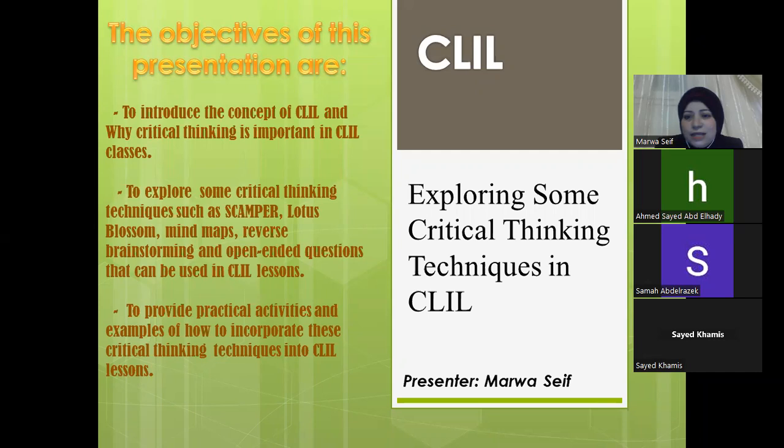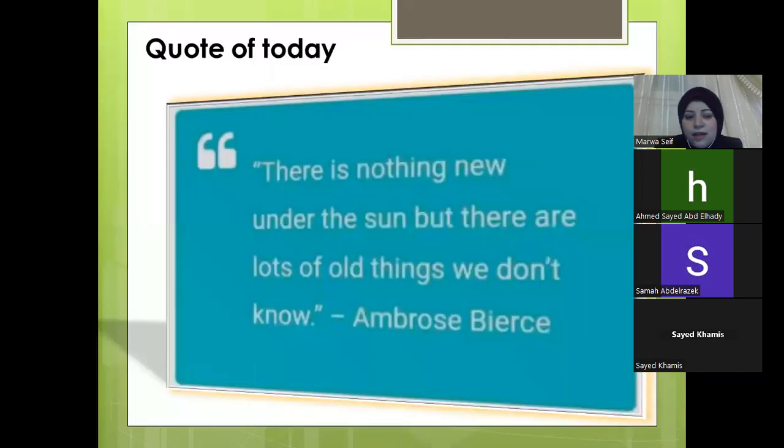Okay, so please, I have another task for you here. Please read this quote and write in the chat box if you agree with it or not. It's just a critical thinking question. There are no correct or incorrect answers. And tell me why, briefly. So let's read it for you. There is nothing new under the sun, but there are lots of old things we don't know, said Ambrose Bierce.